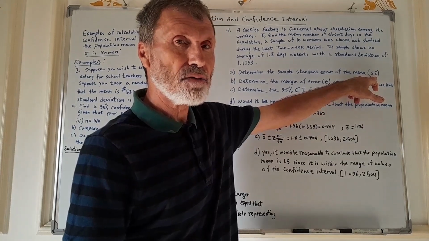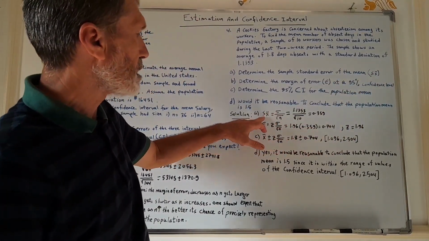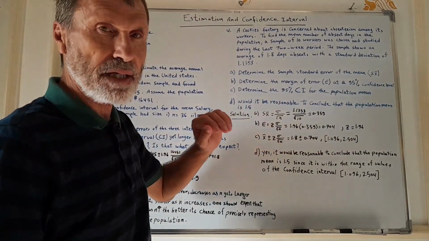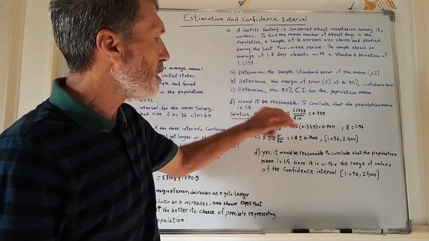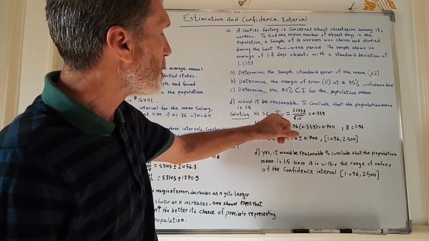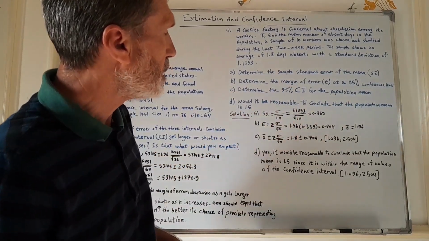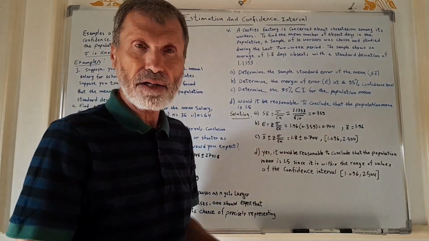This is the standard error of the mean. S x bar is equal to sigma over radical n. Sigma is known, 1.1353 over radical n, because the sample size n is 10 workers, and we come up with 0.359.